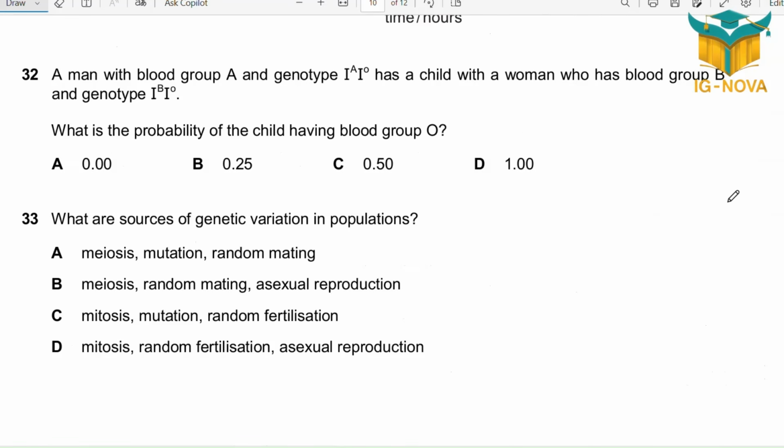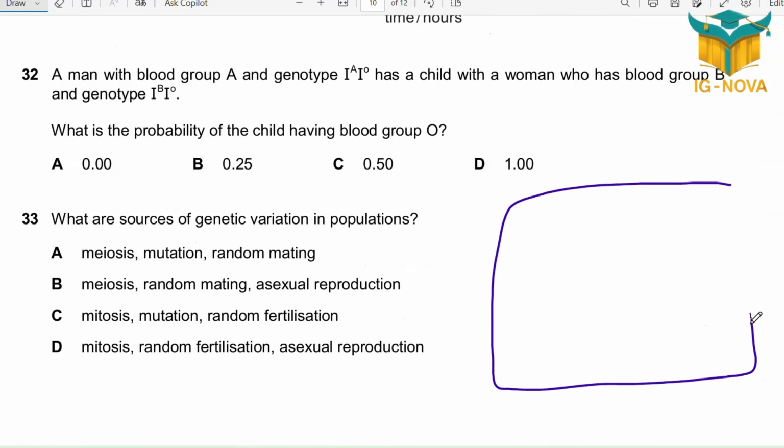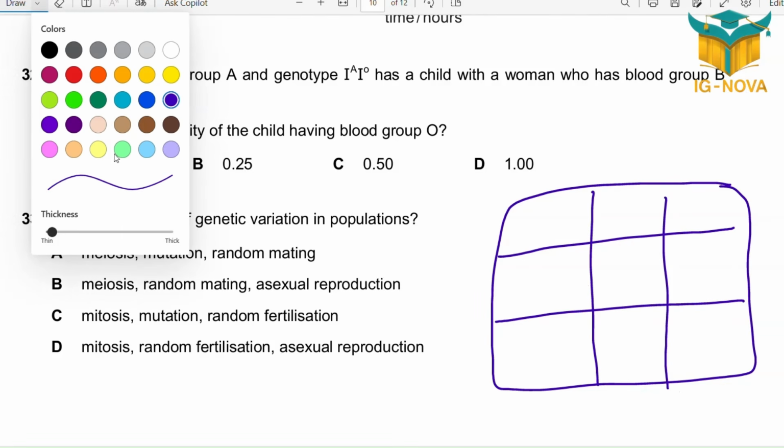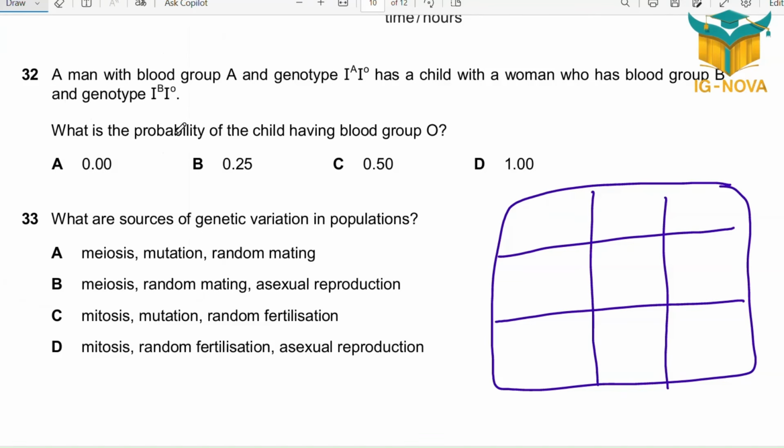32, straight away a Punnett square. I must draw a Punnett square, no mental working here, physical working is needed. Man blood group A, IA. We cancel out this, IA, IO. And woman blood group B, IB, IO. So IA, IB, blood group AB.